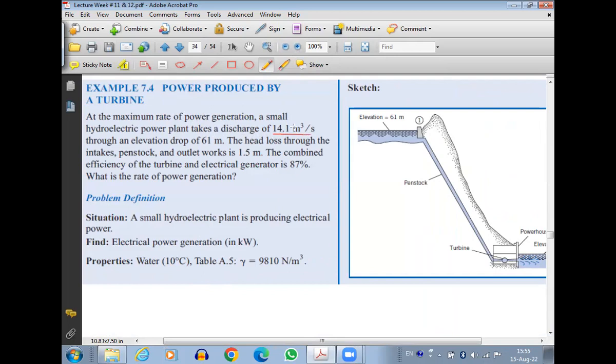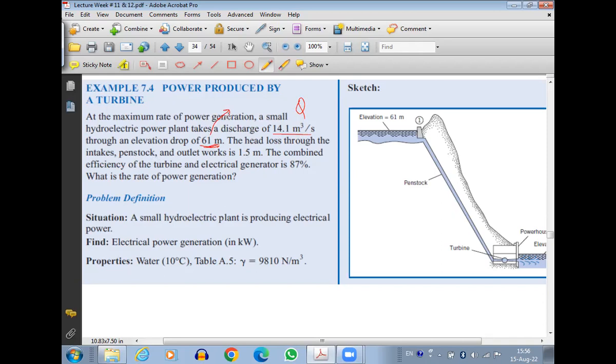So this is a discharge. Is it a mass flow rate or volume flow rate? This is volume flow rate because it is mentioned as meter cube per second. So I will write here as Q. It takes a discharge of 14.1 meter cube per second through an elevation drop of 61 meter.